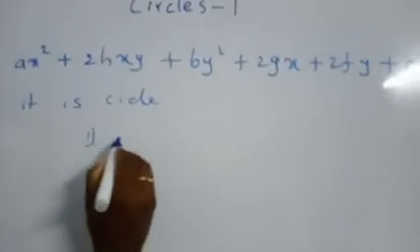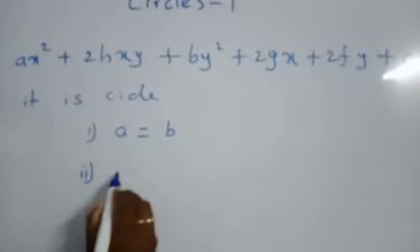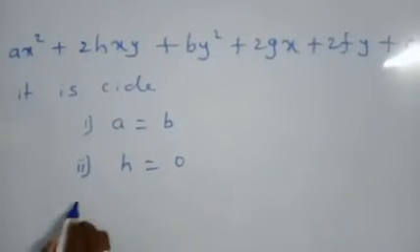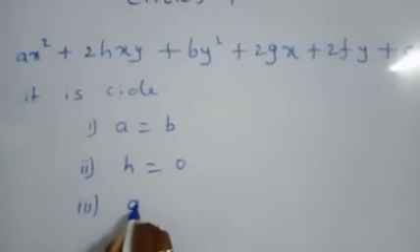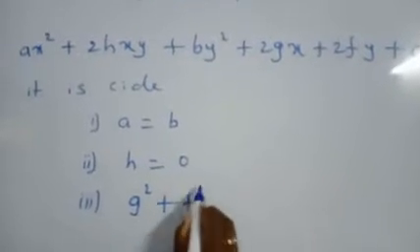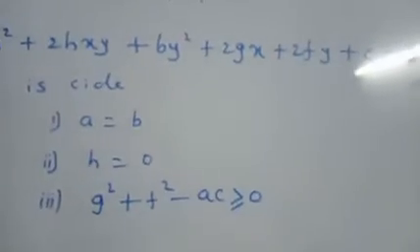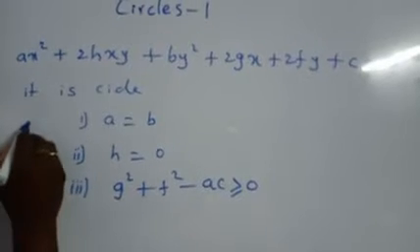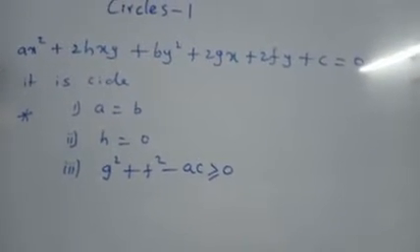First point: a equals b. The second point: h is equal to 0. Third point: g² + f² − ac is greater than or equal to 0. Very important for the examination.